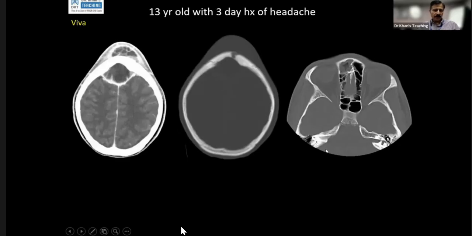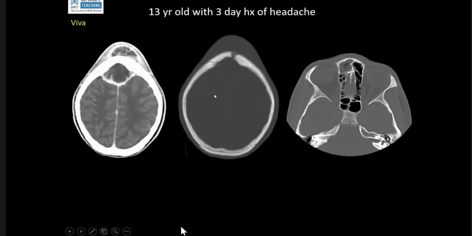Okay, this is a 13-year-old with a 3-day history of headache. What is happening? This is post-contrast CT and bone window. Over to you. On this axial CT, there is an area of peripherally enhancing collection seen adjacent to the frontal bone, both intra-axial as well as extra-axial within the calvarium.